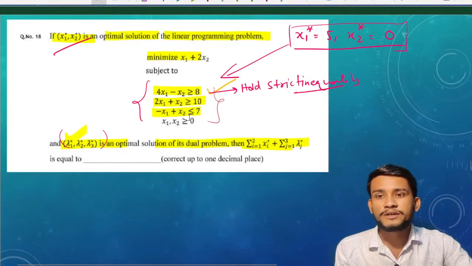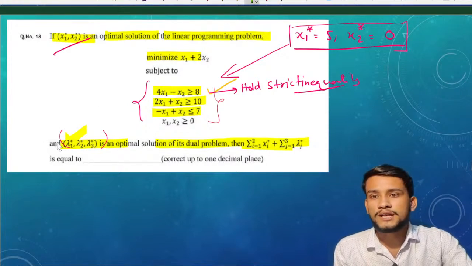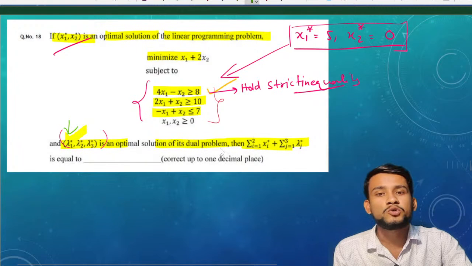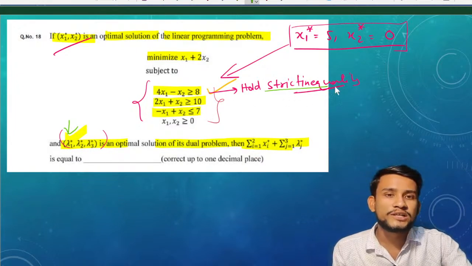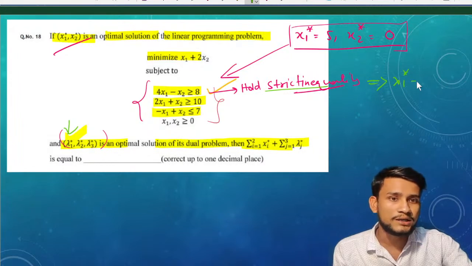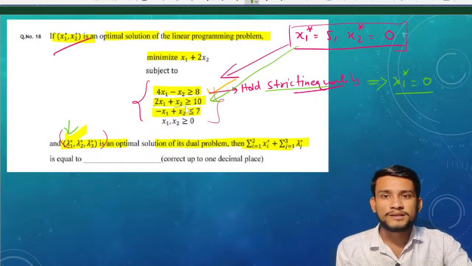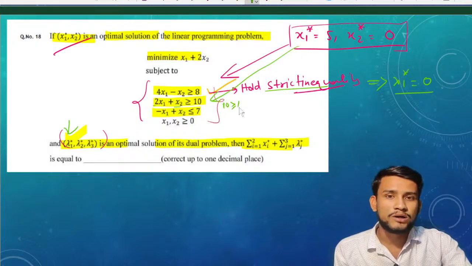Now it is given that lambda star is the optimal solution of the dual. Since this is strict inequality, this implies the first dual variable, lambda 1 star, is equal to 0. Now we put this solution here. So this is 10 plus 0, this is 10, greater than or equal to 10.